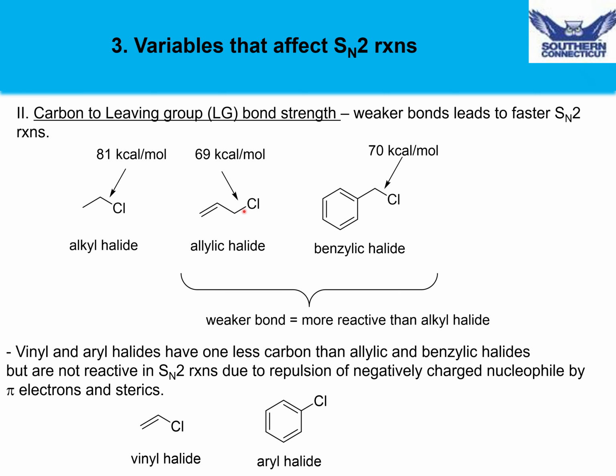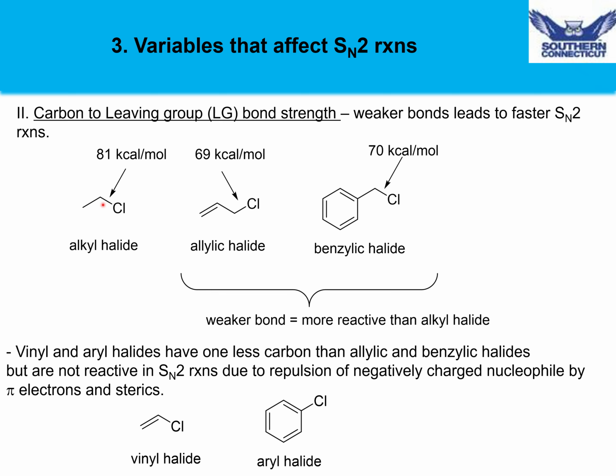When it comes to a carbon to chloride bond, it's roughly about 69 to 70 kcals per mole when it is allylic or benzylic. Compare that to a typical primary alkyl halide with a chlorine, which is a little bit north of 80 kcals per mole.